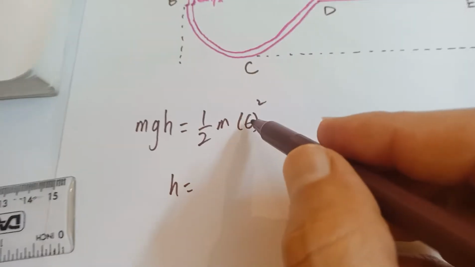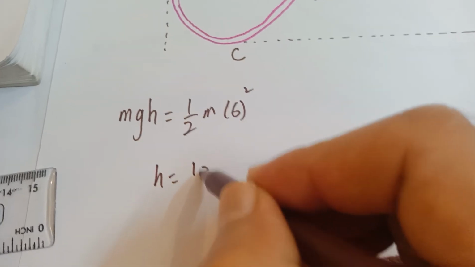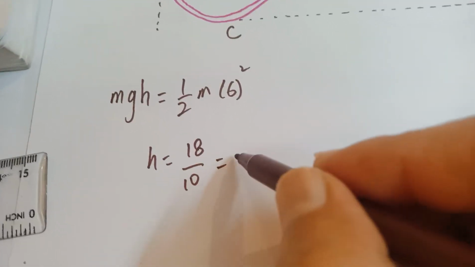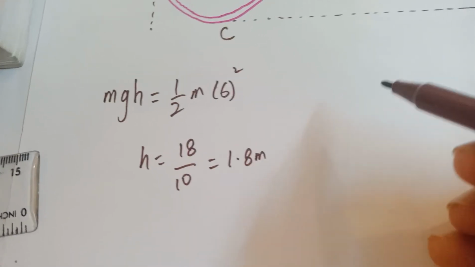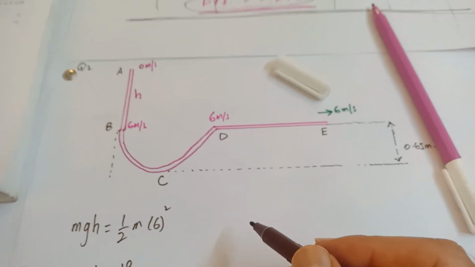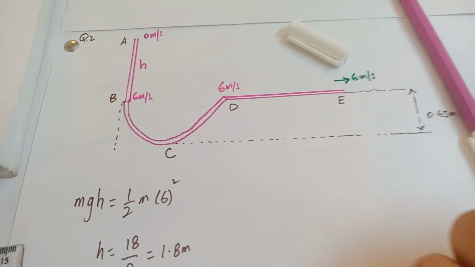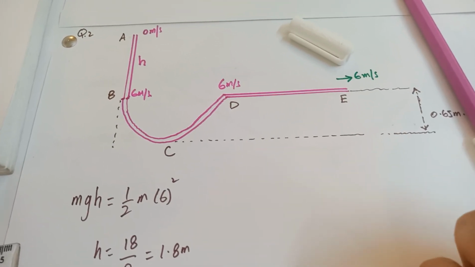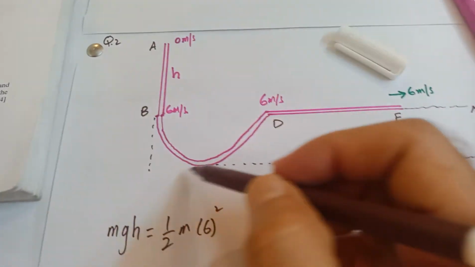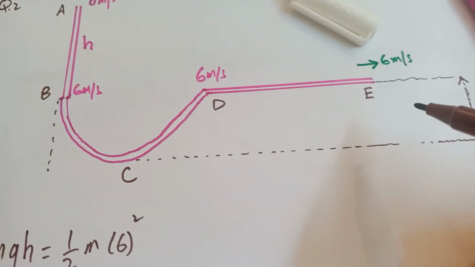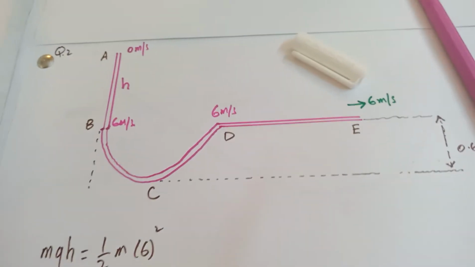This is going to be 36 over 2, that is going to be 18, and I'm just going to use g as 10. So the height is going to be 1.8 meters. Okay, this is a trickier question. There was no forward force, no backward force, so the sum of the energies will remain the same throughout. Now the second part says find the maximum speed of the particle.